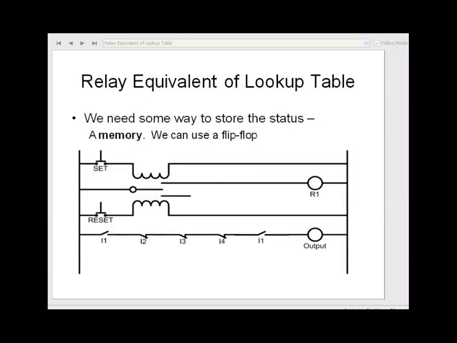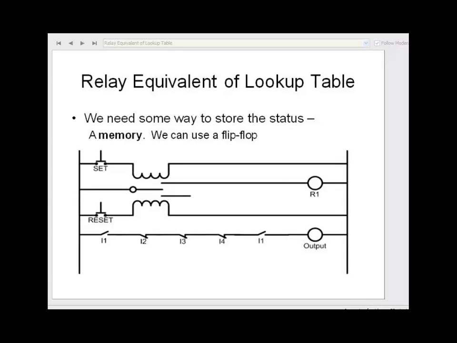Then when you de-energize the relay, it goes click again. The reason it goes click is because there's a spring there which has pulled the contact back. Now, if I took the spring away, that flap would not move.